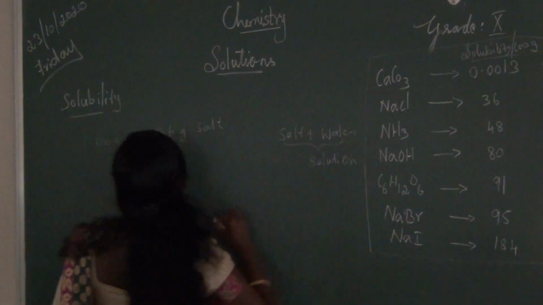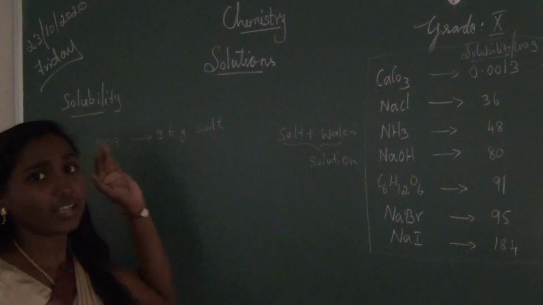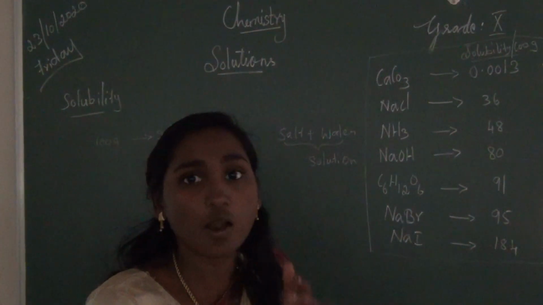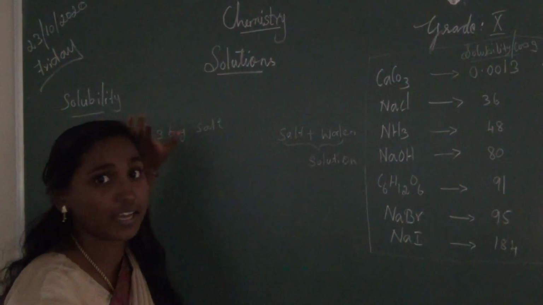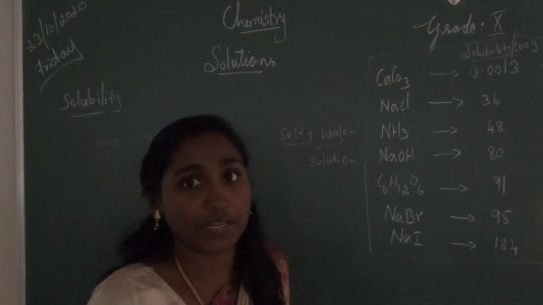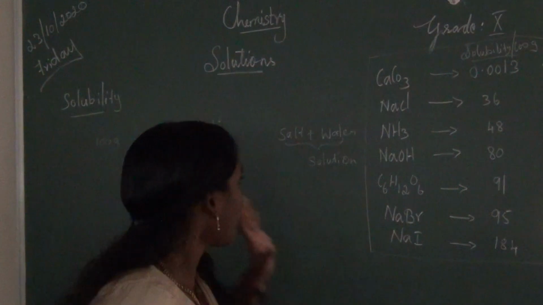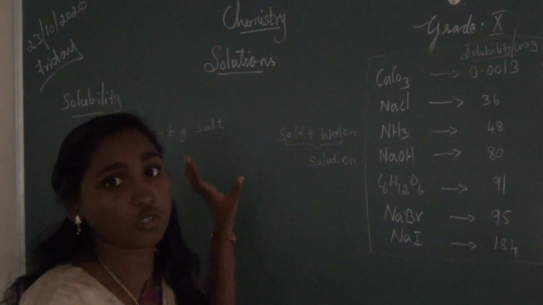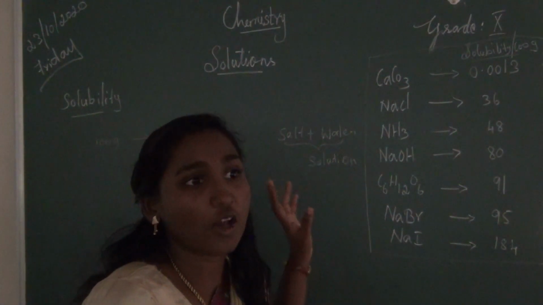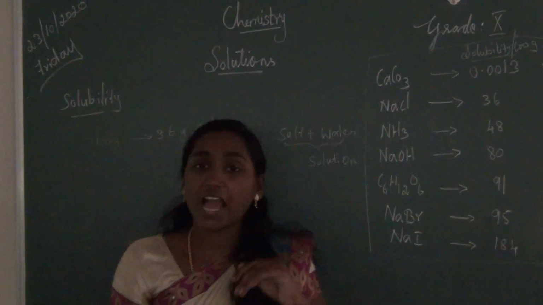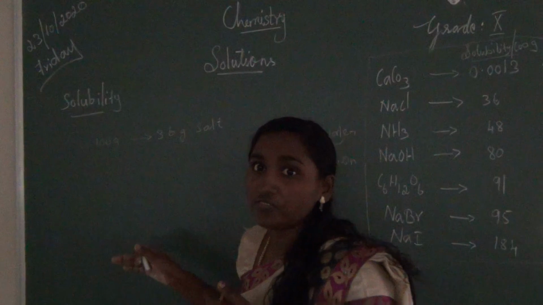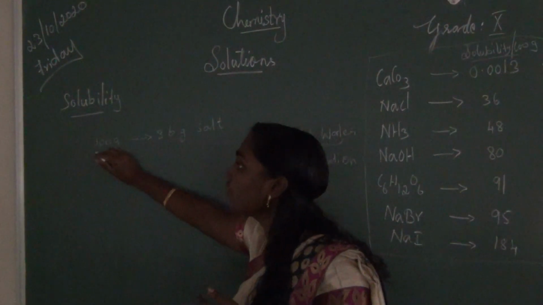So solubility means there is a limit to dissolve the solute in a particular amount of water at a definite temperature. Solubility is a measure of how many grams of solute can dissolve in a specified amount of solvent.